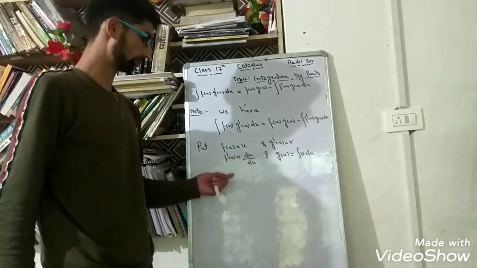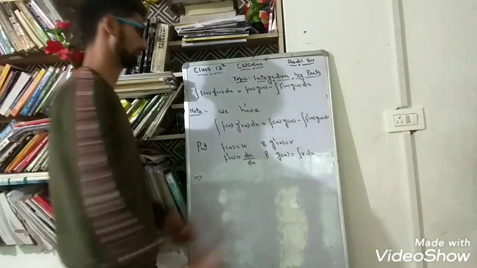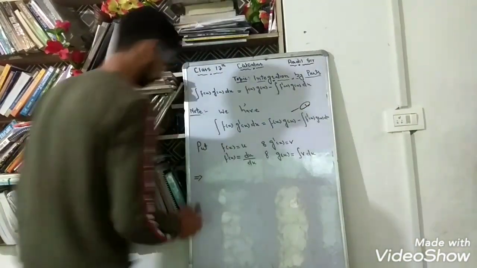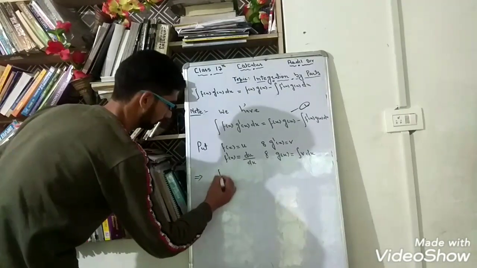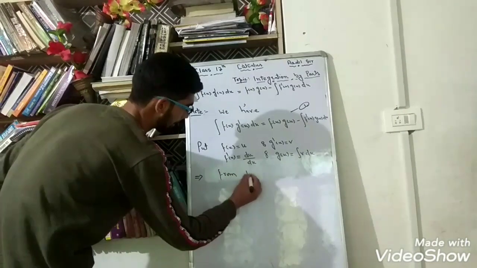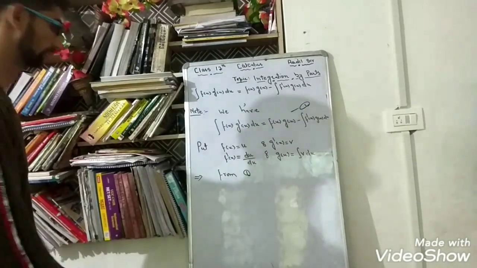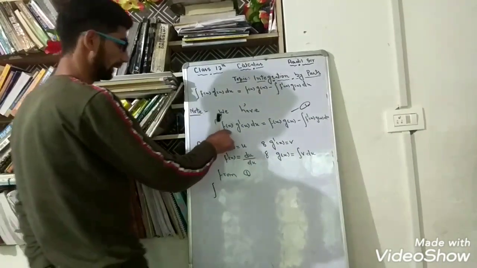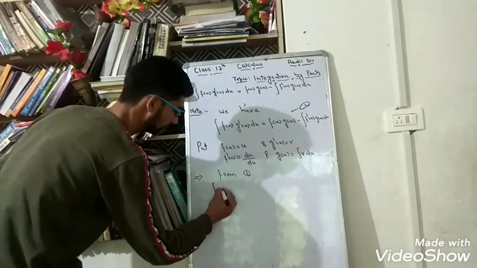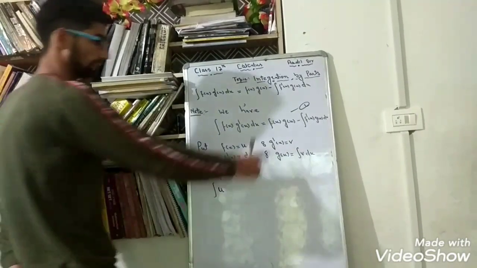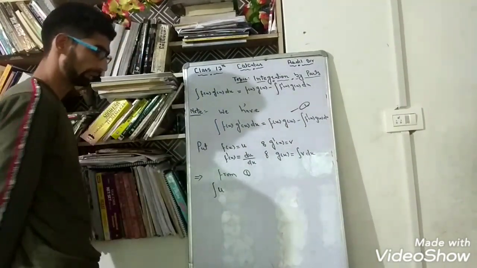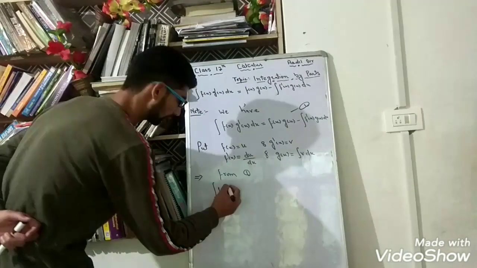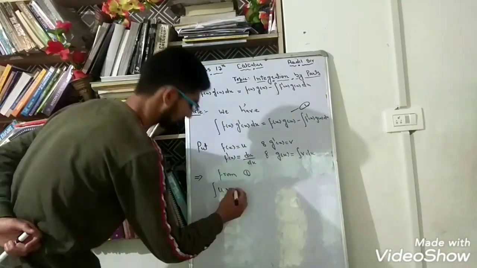Now putting these values in the first two, I get the integral of f of x, that is u, times g dash of x, that is v, dx.